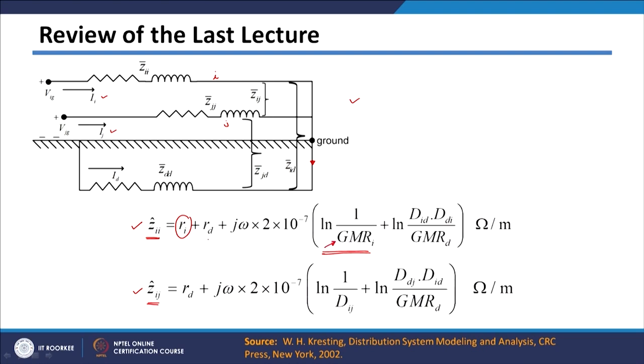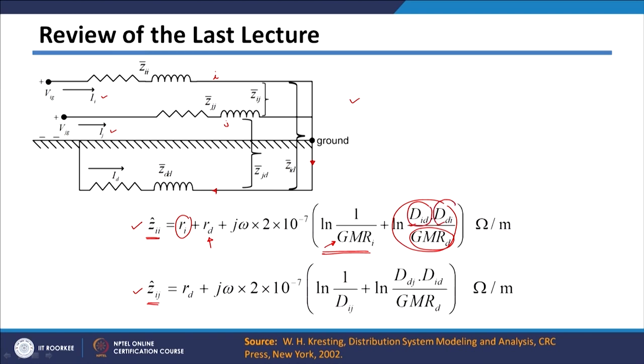However, if you observe these two terms, one is Rd, which is the resistance of your ground path, and another term is natural log of dId multiplied by ddi divided by GMRd. This is the GMR of your ground conductor, and this is the distance between conductor I and the ground conductor.